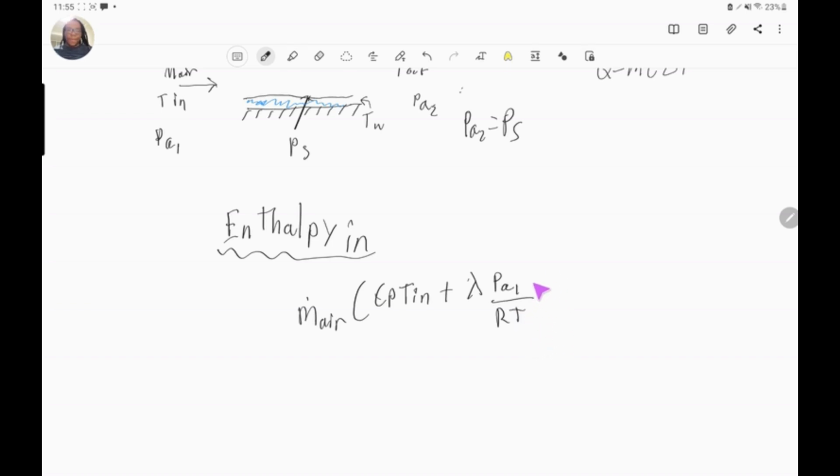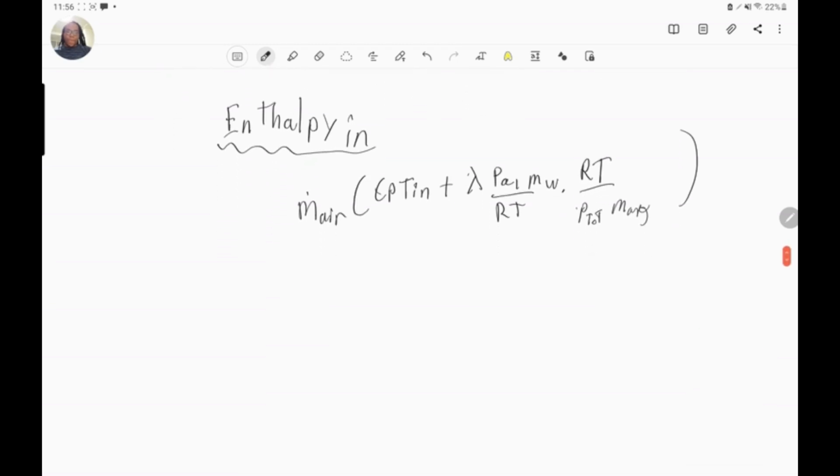And we're going to multiply that by the molecular weight of water, and then multiply that by the reciprocal of our P total times the average molecular weight. And that's just going to give us the amount of water in our system at that particular point.